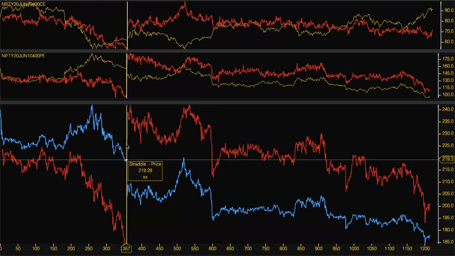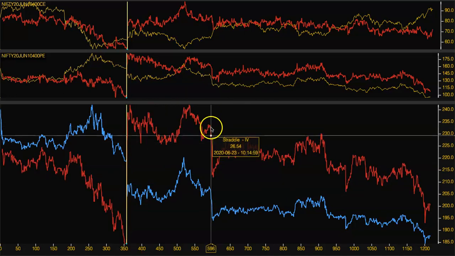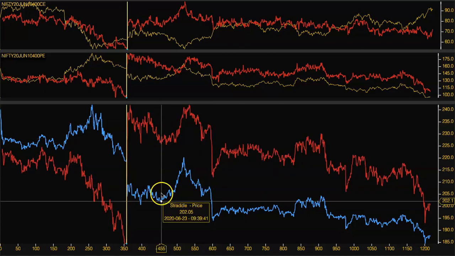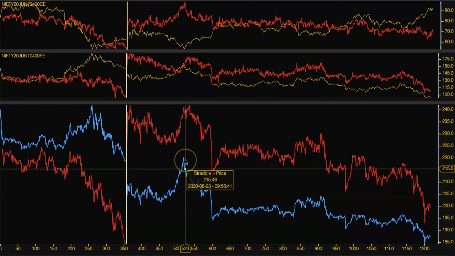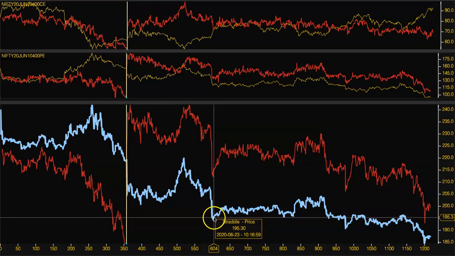One more strategy, for option buyers, is to wait for the IV to drop like this. Whenever there is a steep IV fall, like here, you can do a long straddle. That is, you buy both the call and put option at 203 rupees. It went till 215 rupees, and again there is a huge fall, and when there is a little bit of up movement, you can purchase here at around 195.